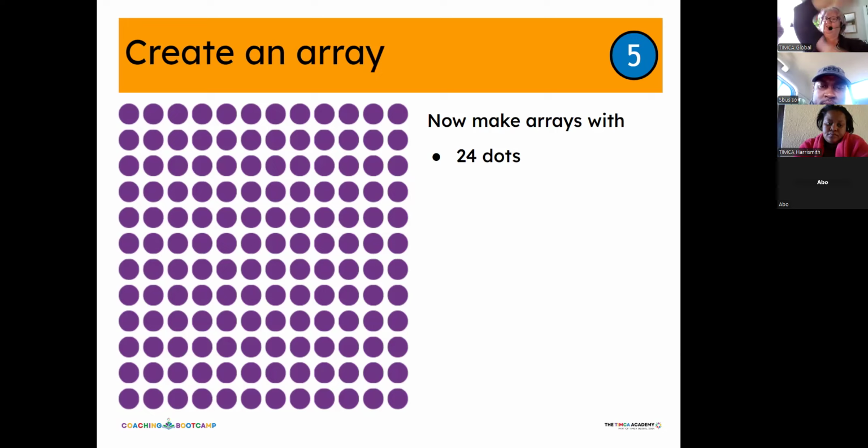So now we're tipping it on its head again, and it was similar to the previous activity that we did. How can I make an array, which has to be either a rectangle or a square, that has 24 dots in it? And so they're all going to come up hopefully with the different layouts. The 3 by 8, the 6 by 4, the 2 by 12, whatever, they're going to come up with different ones.